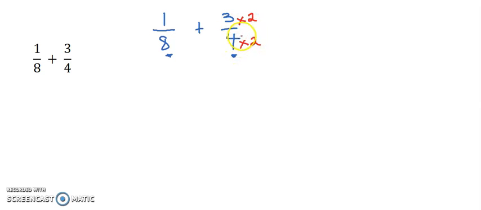So the equivalent fraction of 3/4 now becomes 3 times 2 is 6, and 4 times 2 is 8. So I'm now going to rewrite this problem. Now we have 1/8 plus, instead of writing 3/4, I'm going to write 6/8. And 1/8 plus 6/8 is equal to 7/8.